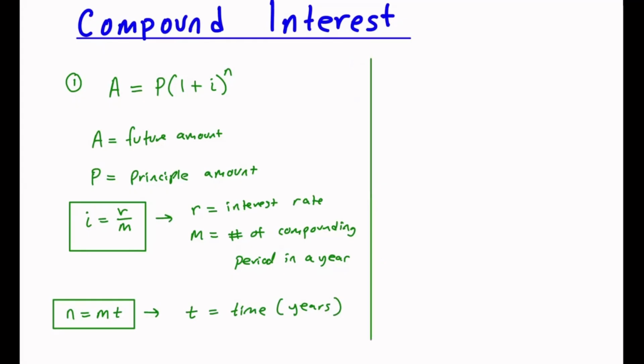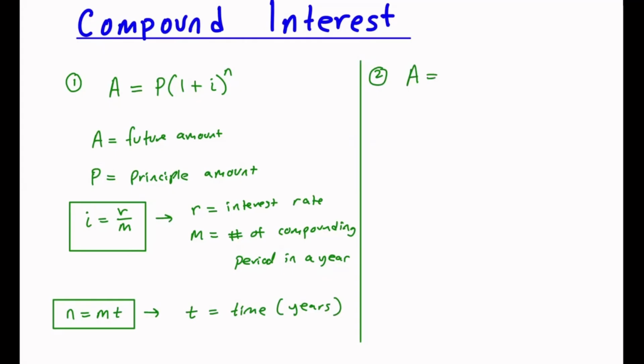Now, there's another formula that some textbooks use. Let's call this one number 2. Now, this one is going to be A, the same A as the previous one, equals P times (1 plus r over n) to the power of n times t. So there is a slight change, not much, but the definition of each variable is slightly different.